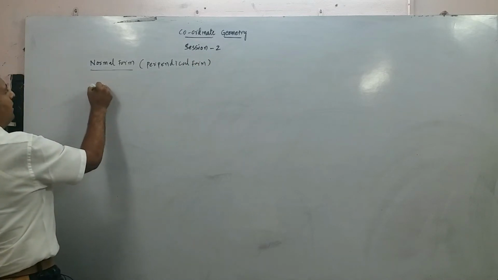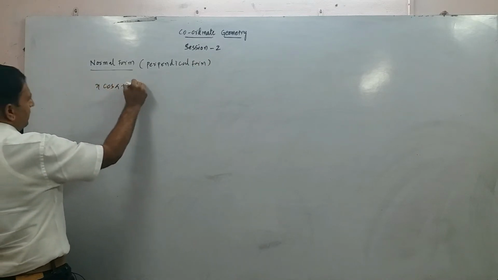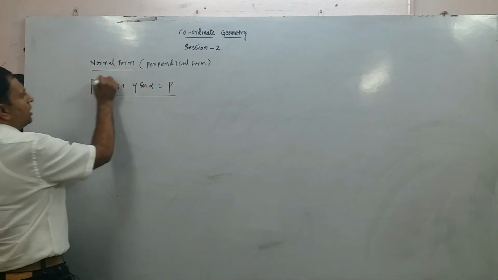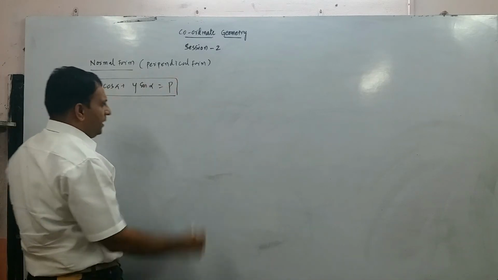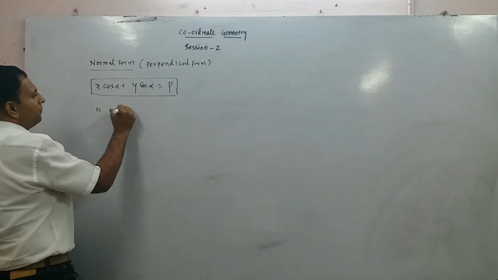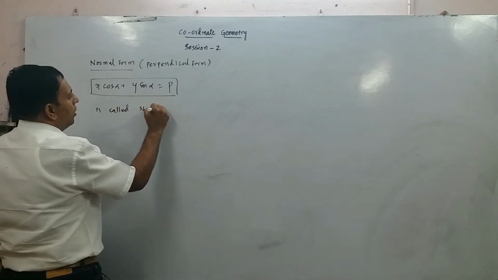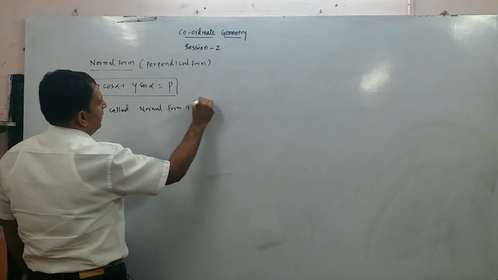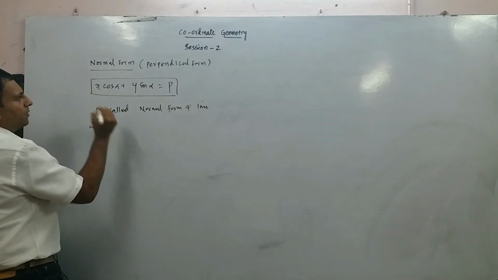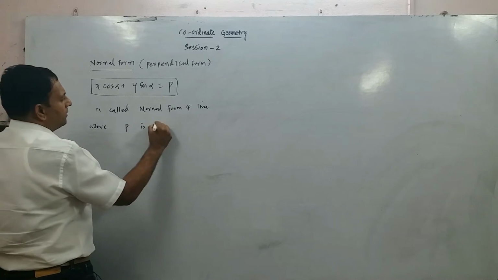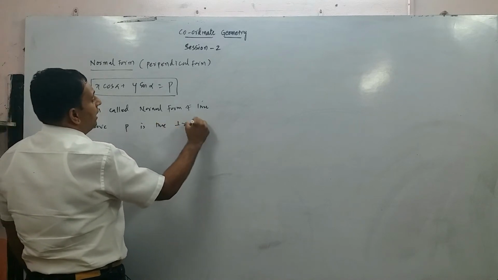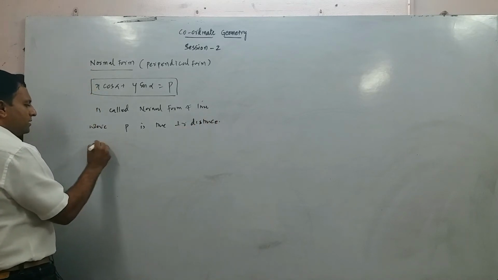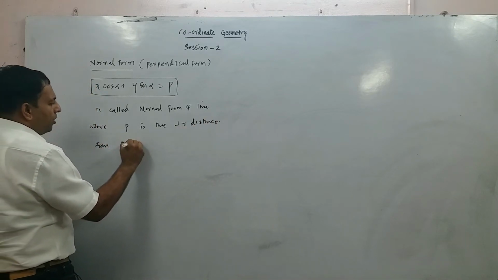I'll write x cos alpha plus y sin alpha is equal to P. X cos alpha plus y sin alpha is equal to P is called normal form of line, where P is the perpendicular distance from origin to the line.